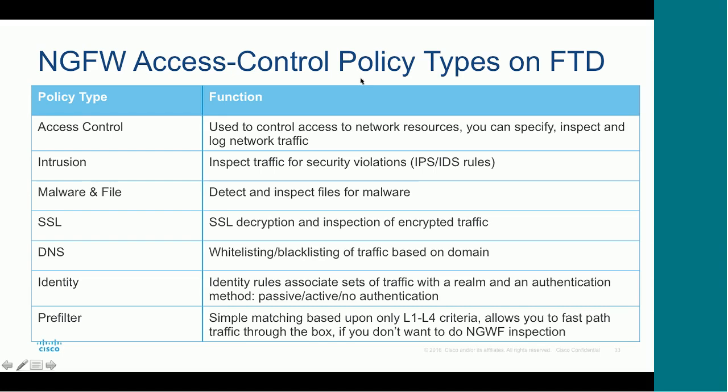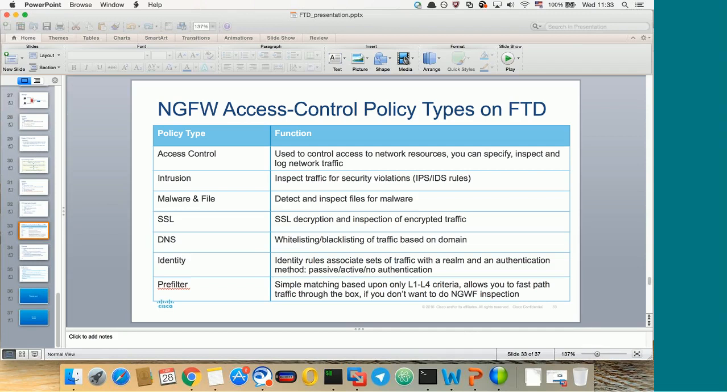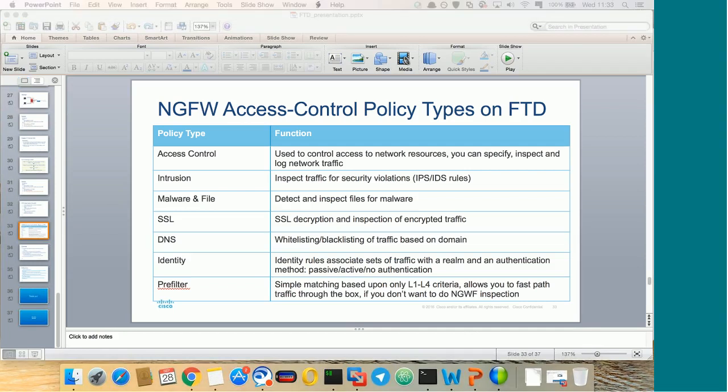Now let's continue with malware and file policy. In malware and file policy, the system inspects traffic for prohibited files and malware. AMP for Firepower detects and optionally blocks malware in many types of files, including PDFs, Microsoft Office documents, and others.